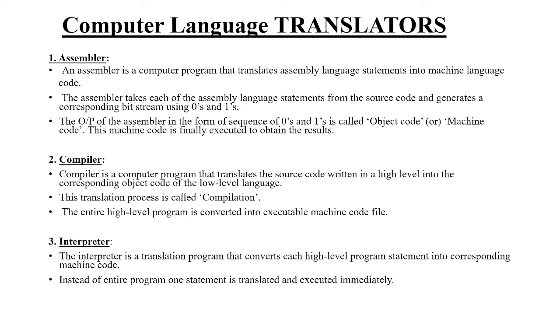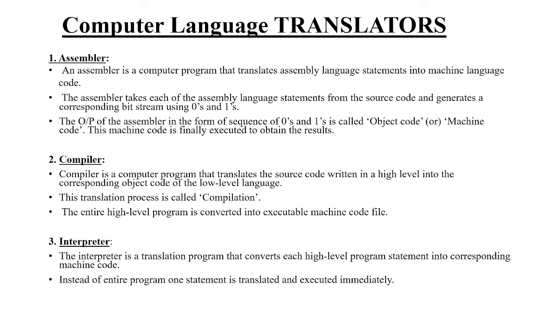In other words, compiler is a computer program which takes the source code written in a high-level language as an input. Within the program, it is going to do the processing of translation, and then it is going to generate object code as an output, where this object code is written in low-level language, that is machine language.